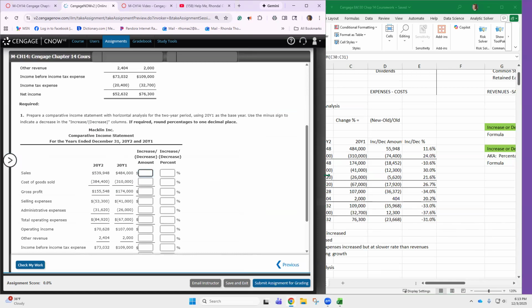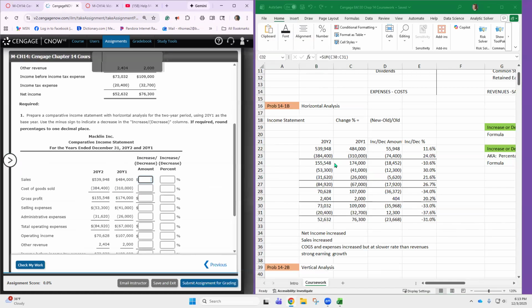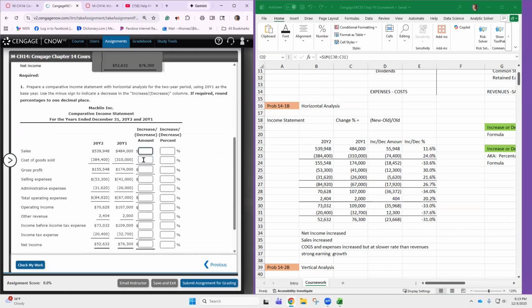Okay. So I've already kind of got a spreadsheet set up here that works it out pretty well. And once again, you simply do the math this way. You take this number as the base and subtract the old from the new, and then key in what it is.